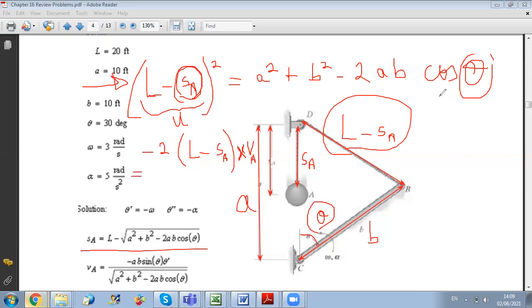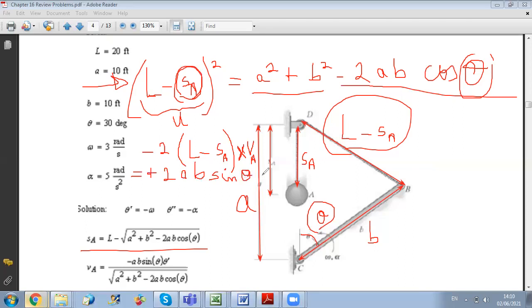when I derive the other side, this is a constant term, derivative zero. I should just derive this term. And you know that the derivative of cosine theta is minus sine theta. I already have a minus, so it becomes plus 2ab times sine theta. And don't forget that until now we took the derivative with respect to theta, but we want the derivative with respect to time.